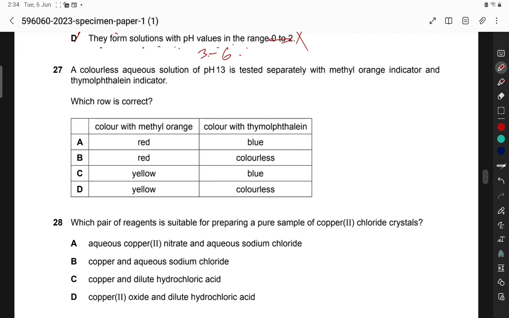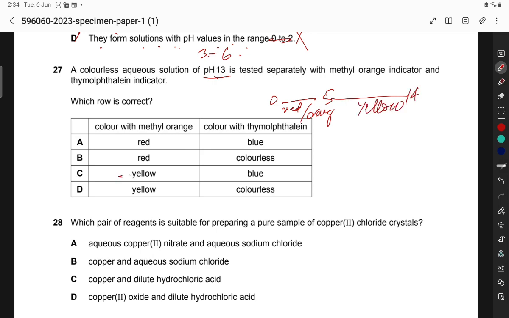Colorless aqueous solution of pH 13 is tested separately with methyl orange indicator and thymolphthalein indicator. Which row is correct? Color with methyl orange at pH 13 is yellow. Methyl orange changes its color from 0 to 5 is red or orange, and after it is yellow.